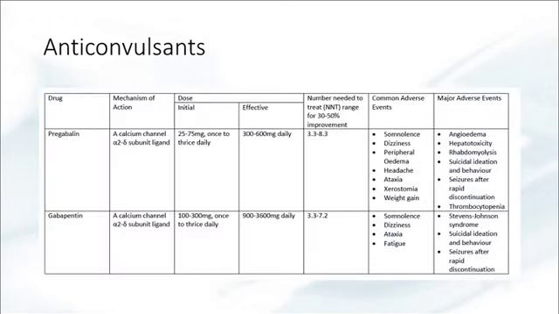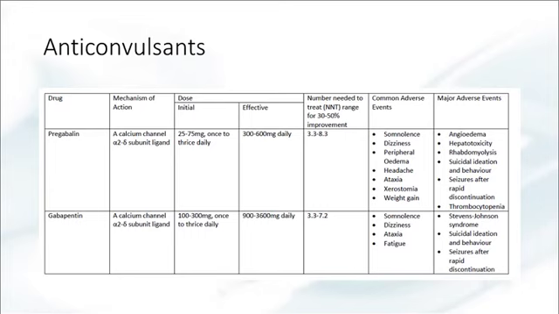Now, essentially what I want you to get from this particular slide here is the dosing intervals that we may need to use for these particular drugs, because I may ask you specifically about the dosing interval of pregabalin or gabapentin in a patient with diabetic peripheral neuropathy, as well as you may just need to take into account the potential adverse effects that may occur with them, although I'm not going to focus too much on the adverse effects.